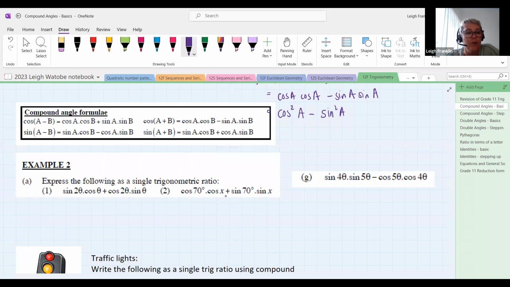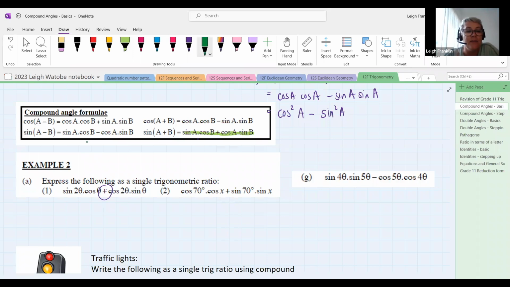So if we have a look up at the top there, we see there's a plus here. It looks like this one over here. In other words, it looks like this: sine A cos B plus cos A sine B, which here is sine 2 theta cos theta plus cos 2 theta sine theta, if we're working with theta to describe our angle.